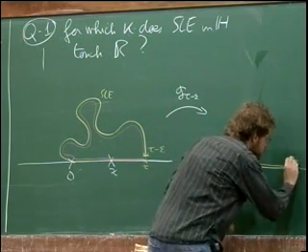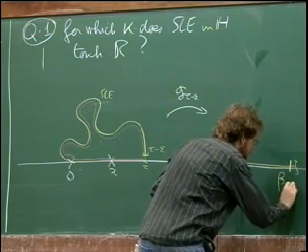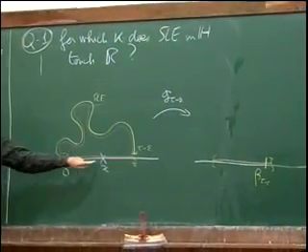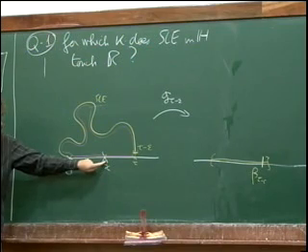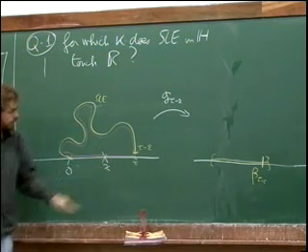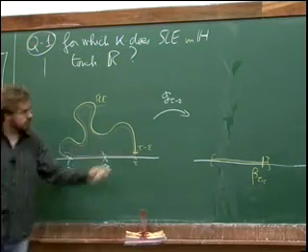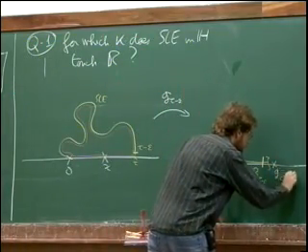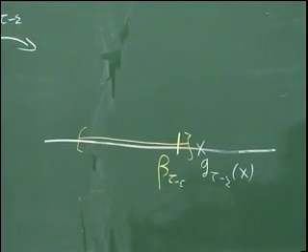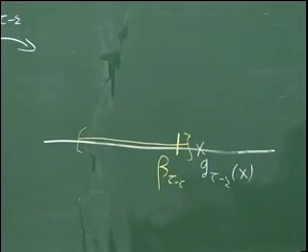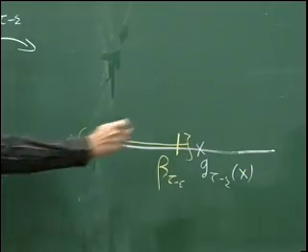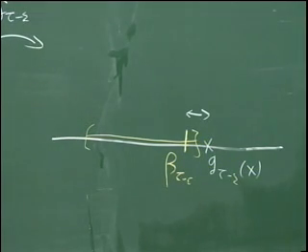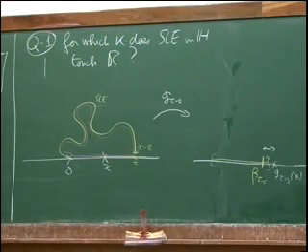So it tells you that beta tau minus epsilon is almost at the right of this interval. And it tells you that the image of x is also very close to the tip because x is inside the loop. So this here is g tau minus epsilon of x. And of course, as epsilon goes to 0, this distance here becomes shorter and shorter because the harmonic measure of the inside of the loop is smaller and smaller.